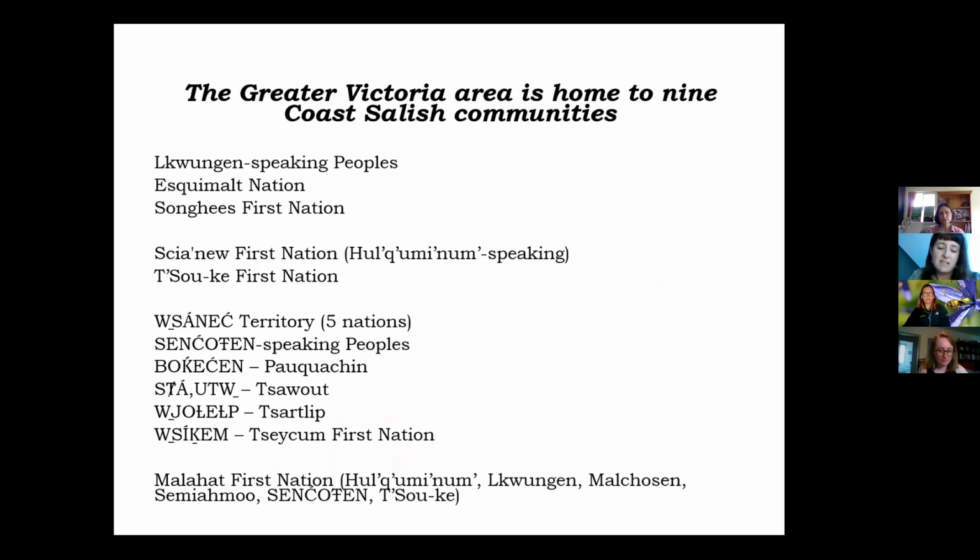And these nations include Lekwungen-speaking peoples of the Songhees and Lekwungen First Nations, Hulkaminam-speaking Shaanu First Nations, as well as Sauk First Nation, and the 5 nations of Saanich territory, including the Sinchothan-speaking Sayout, Sartlip, Paukachin, Sartlip, and Malahat First Nations. Opportunities for education about plants and animals is a real honor for all of us here today. And we hope that there is appreciation and stewardship garnered from nature through raising awareness.